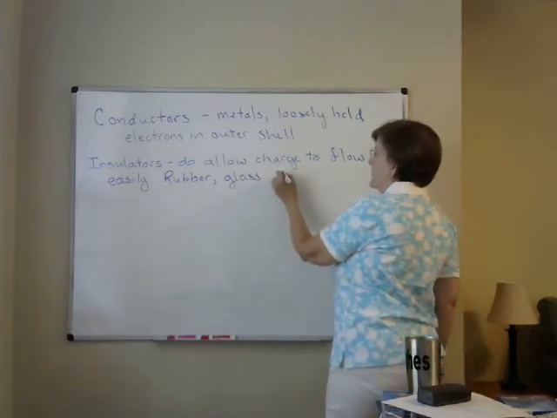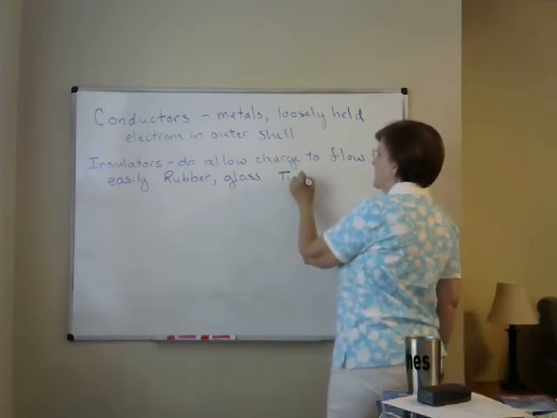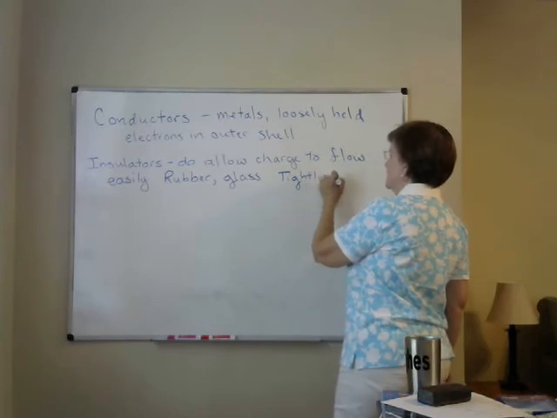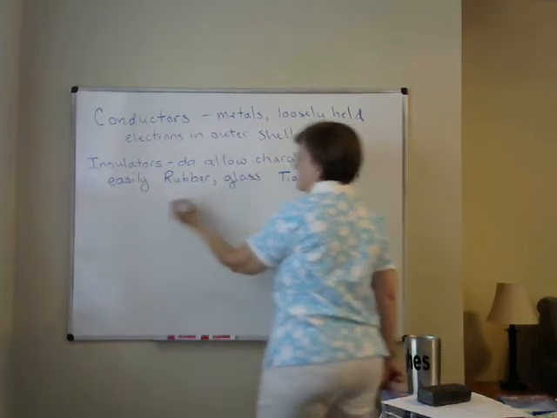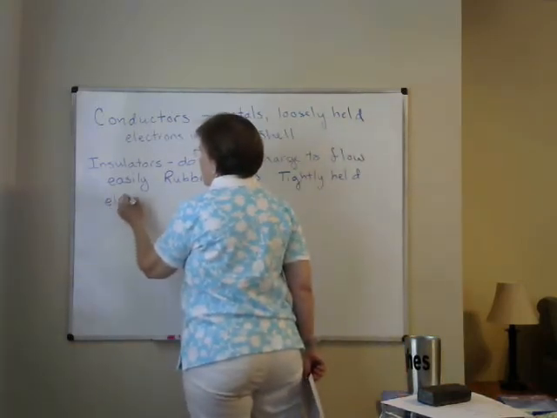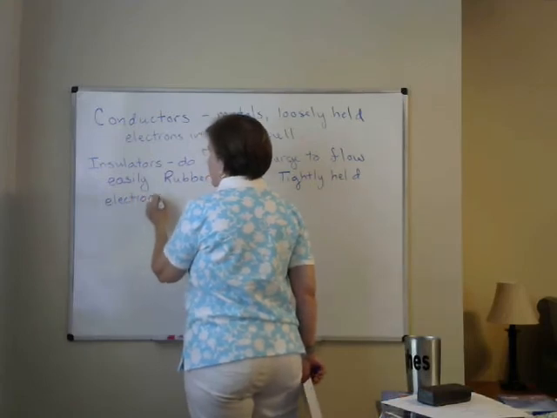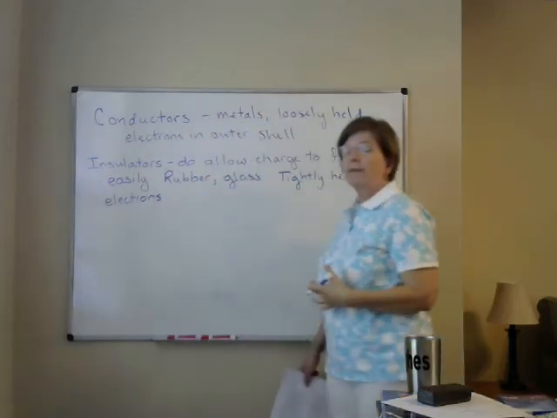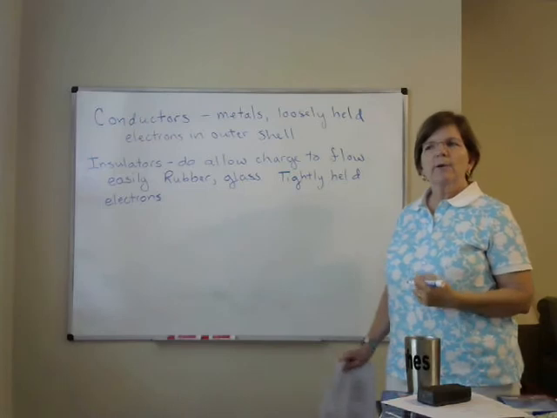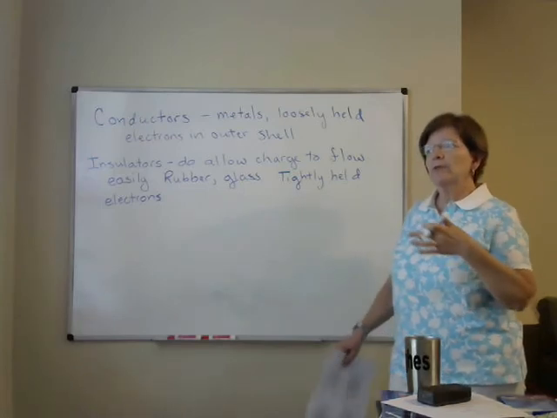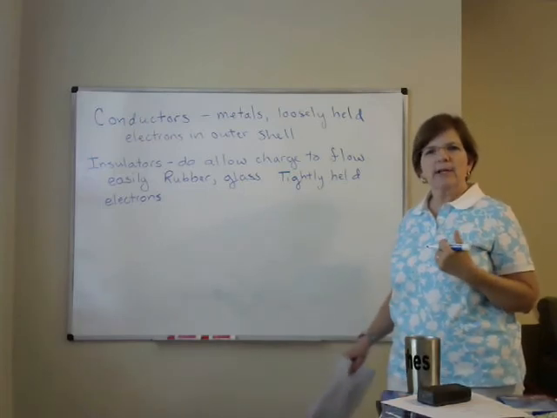They have tightly held electrons. They just don't have any free electrons to donate. Metals have those 1 or 2 electrons in their outer shell, and they're happy to donate them and just give them away.